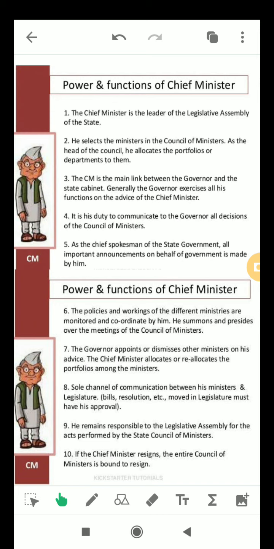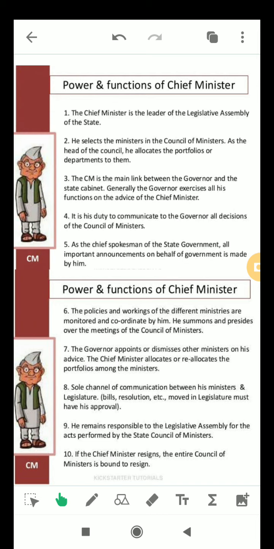The chief minister and his council of ministers are responsible for all state affairs and administration. As we have already come to know, the chief minister is appointed by the governor, while other ministers are appointed by the governor on the advice of the chief minister.